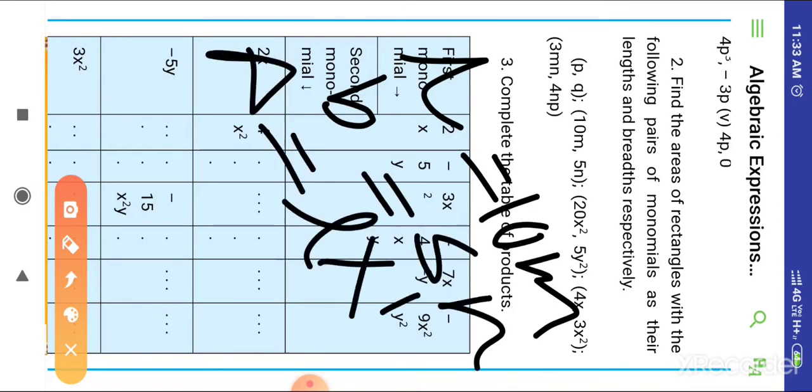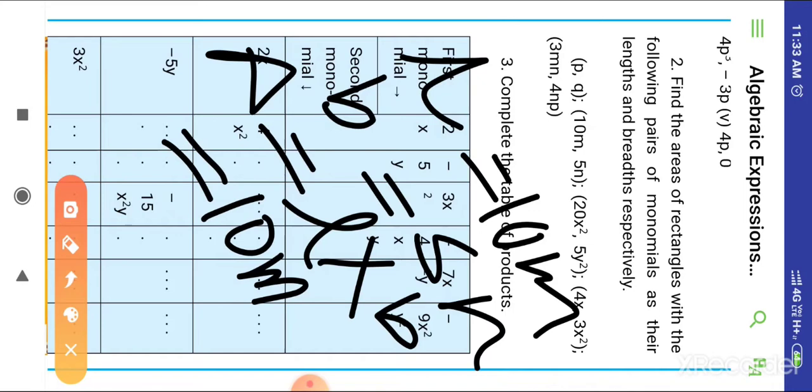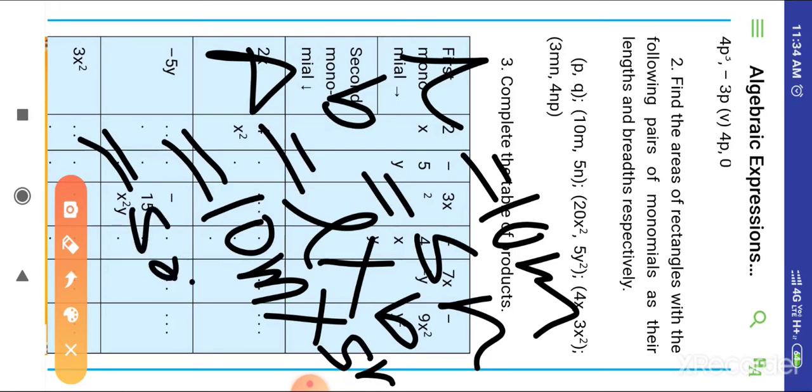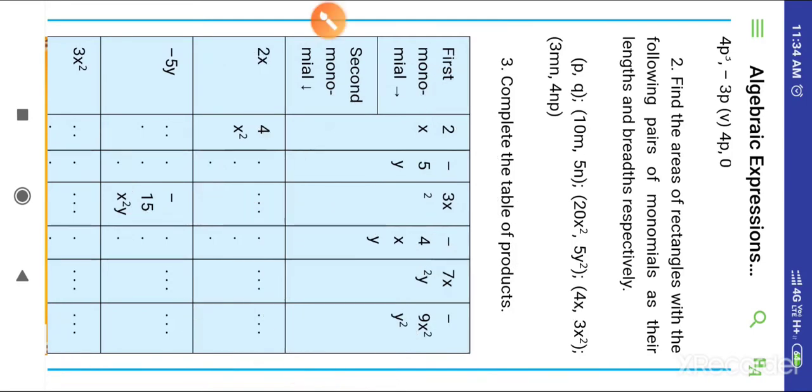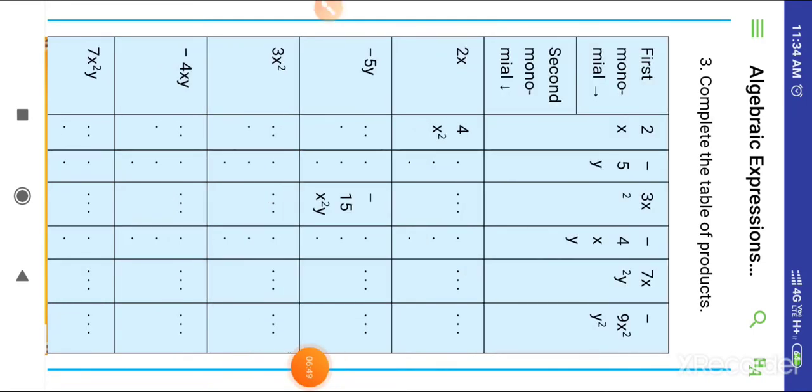And first part is 0.65. First, we have to convert this decimal number into a fraction. For this, we write 0.65 as 65 upon 100. Now we have to multiply this number by 100.